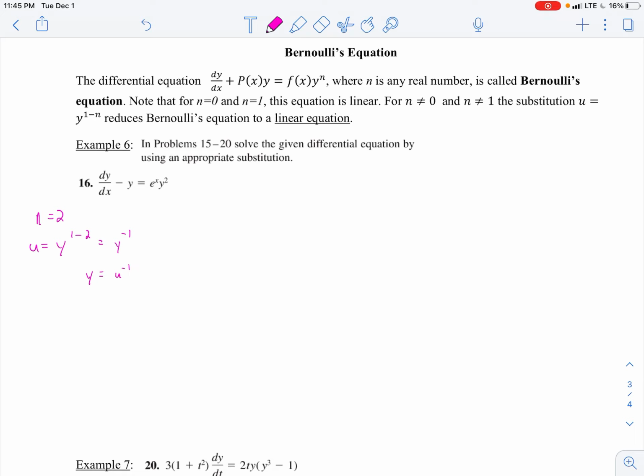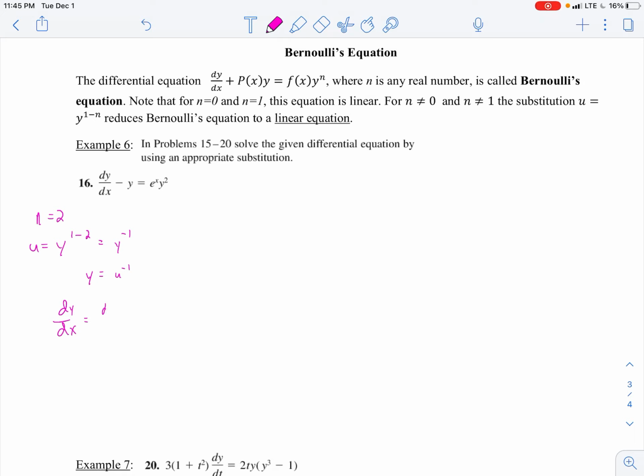Now, when we have things in terms of y, to get u, it could be in terms of x. Say we want to find what dy/dx is. Since we have u to the negative 1, we have to go through u to get to x.